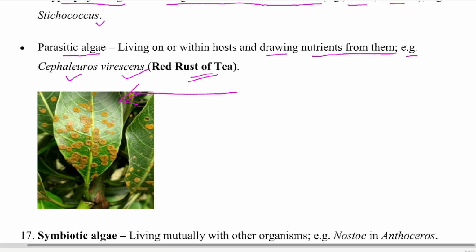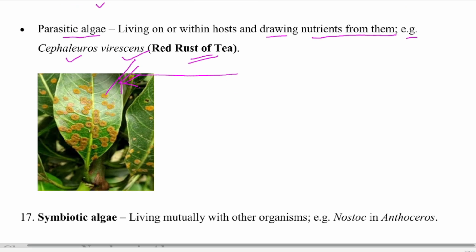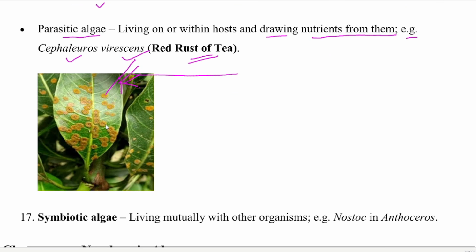This is the leaf, and this is the rust, and this is the algae Cephaleuros virescens. It seems like a fungus in simple observation, but it is not caused by fungi. It is because of the algae Cephaleuros virescens, a parasitic algae that causes the red rust of tea.